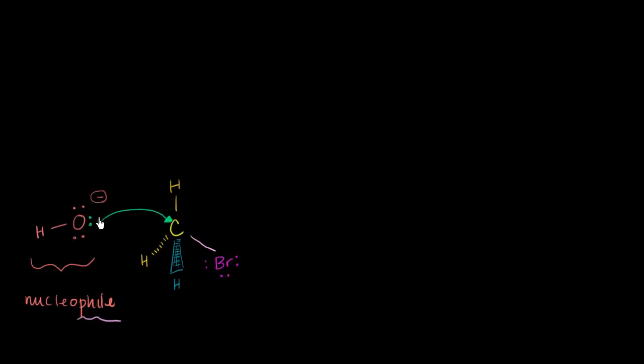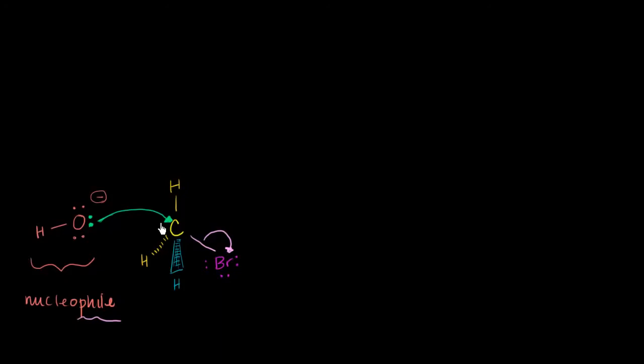Carbon would have half of the pair, oxygen would have half of the pair. Now, if carbon is sharing half of this, it's essentially getting an electron. It doesn't need this electron, which bromine is already hogging a little bit. And so bromine would take this entire pair back.